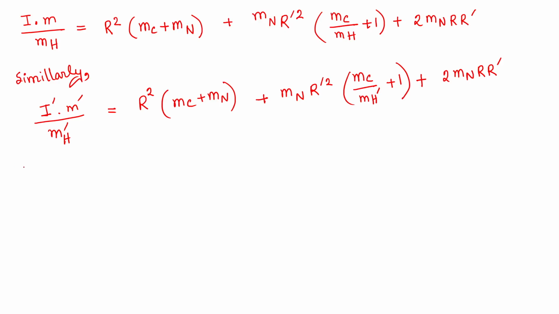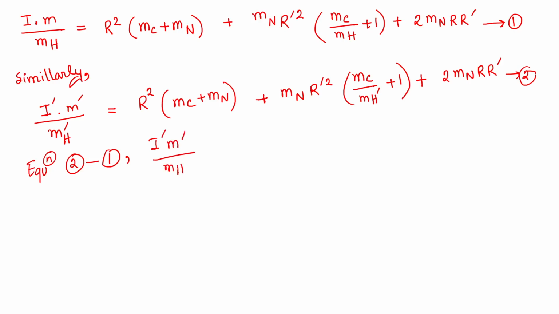So it's fine. So maybe let us write this as equation 1 and this as equation 2. So if we use equation 2 minus equation 1, then what we will get? We will get I dash m dash mh dash minus I m mh, right?